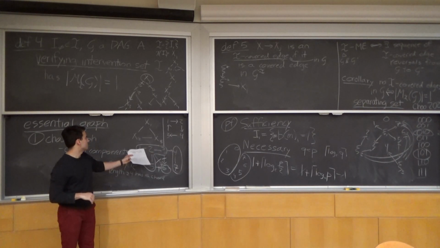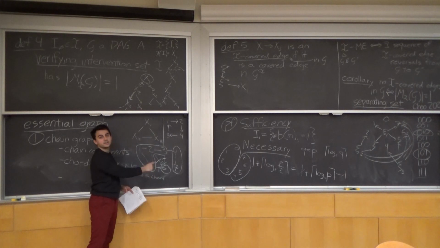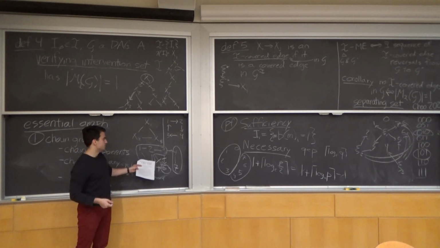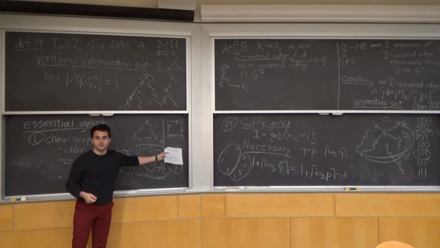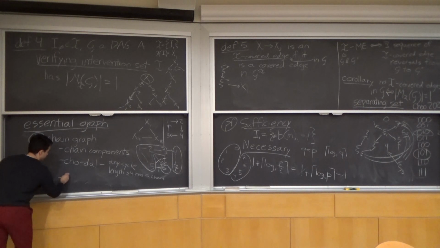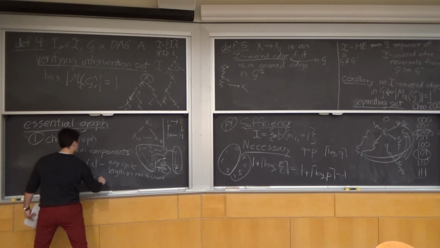If I think of what edges this could help me orient, it runs up against these directed edges that are already directed, and it can't skip over this set of directed edges. So I'm just going to put logically independent and hope you recall what that means.